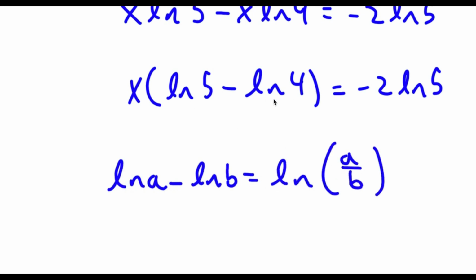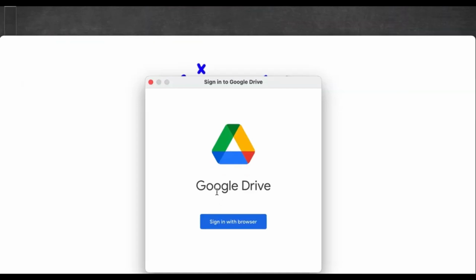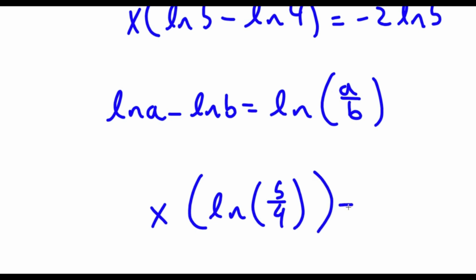So ln 5 minus ln 4, that's going to equal ln 5 over 4. So I have this is equal to negative 2 times ln 5.